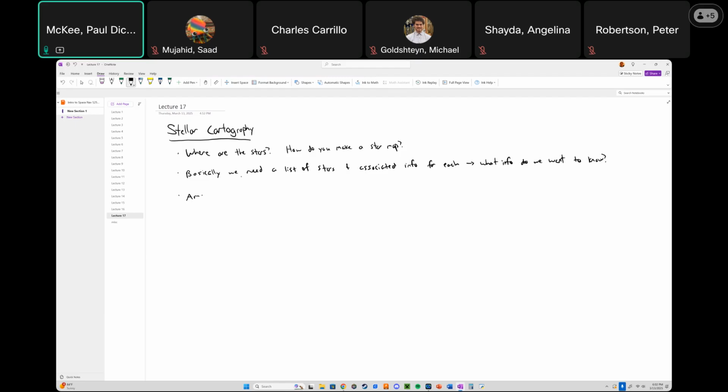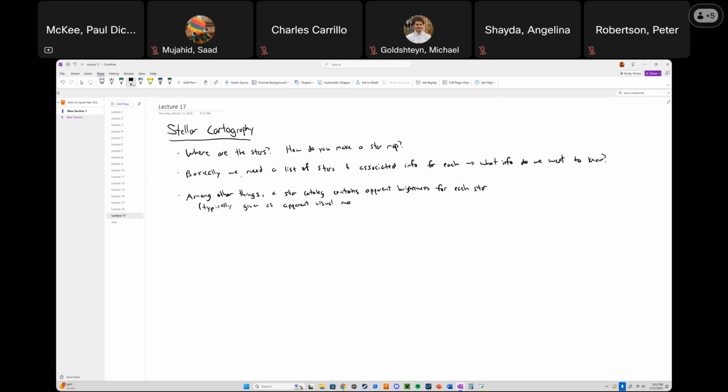So back to notes. Among other things, a star catalog contains apparent brightness for each star, typically given as visual magnitude, or apparent visual magnitude.